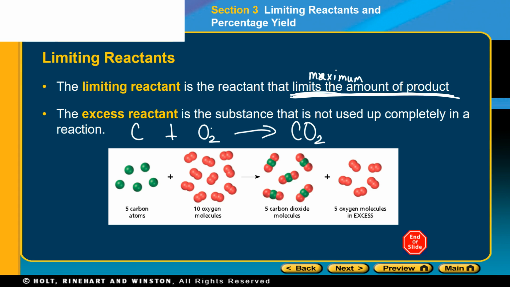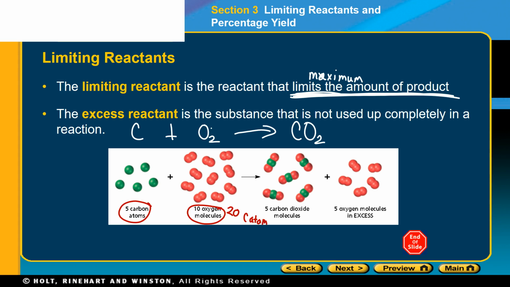All right. Now, notice that in my molecular diagram, I'm saying I have 5 carbon atoms here. I have 10 molecules of oxygen. So essentially, I actually have 20 carbon atoms.